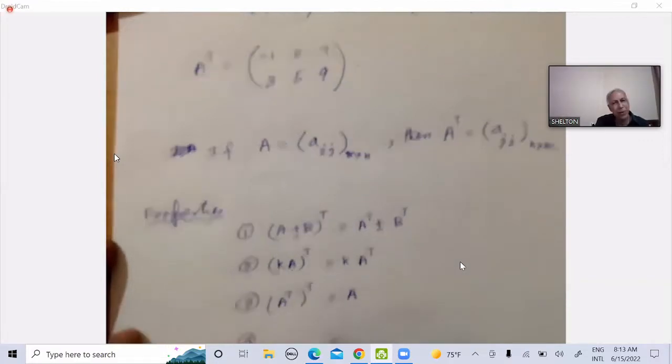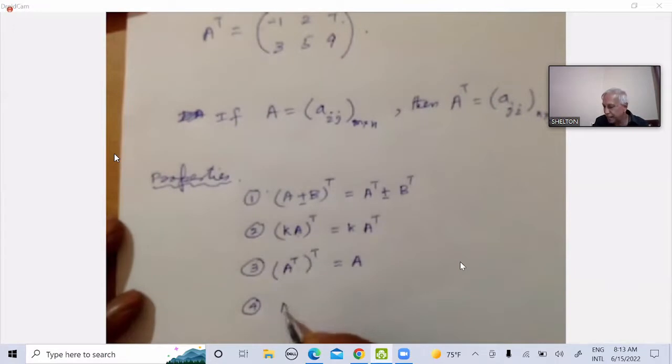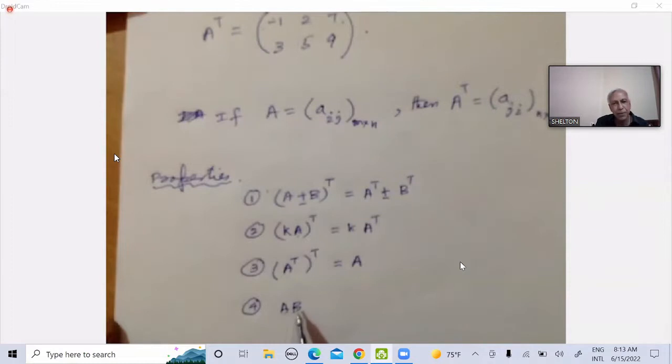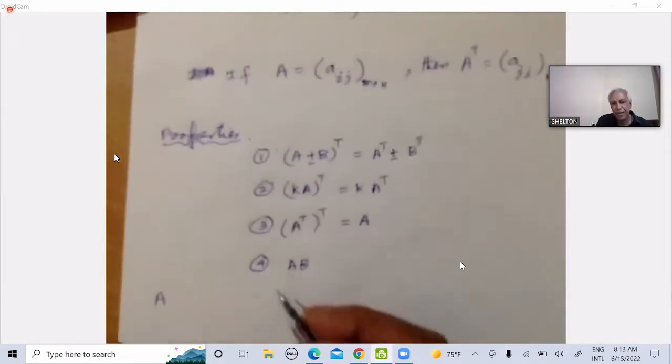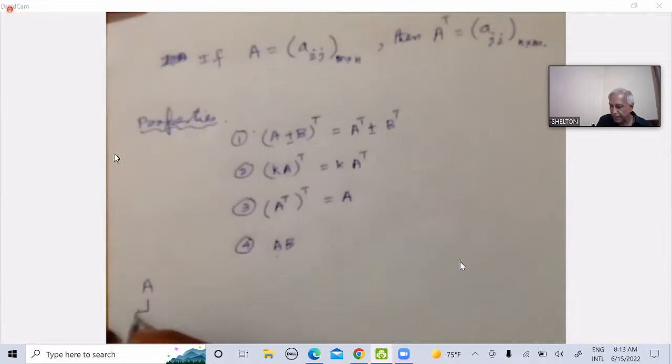The fourth property is a bit surprising one. Now I want to multiply. Whenever I write AB, what is the compatibility condition? Number of columns of A should be equal to number of rows of B. If A is M by R, then B should be of size R by N. Then AB would be an M by N matrix.